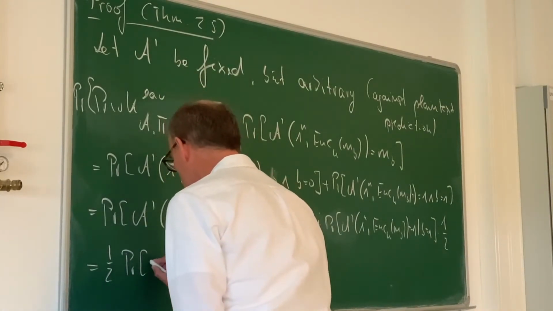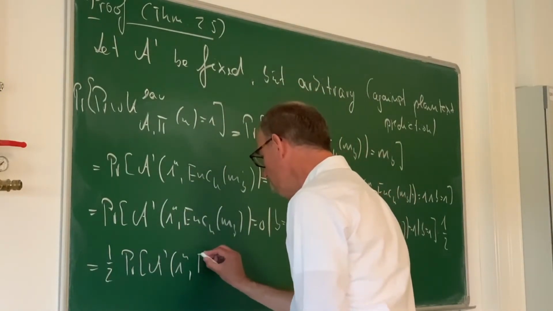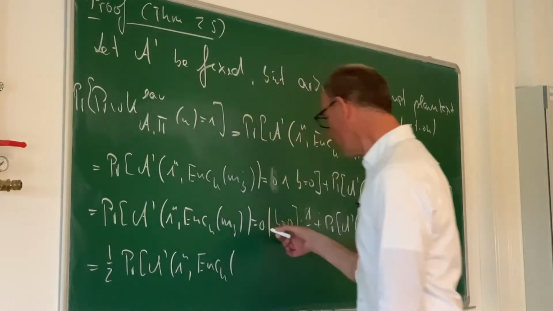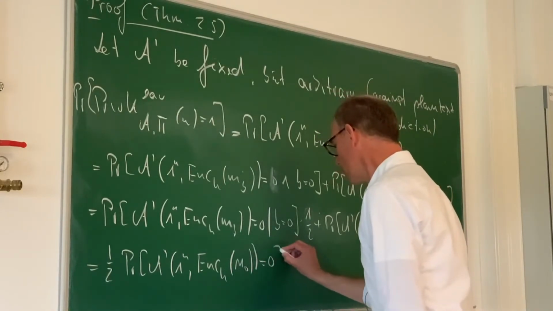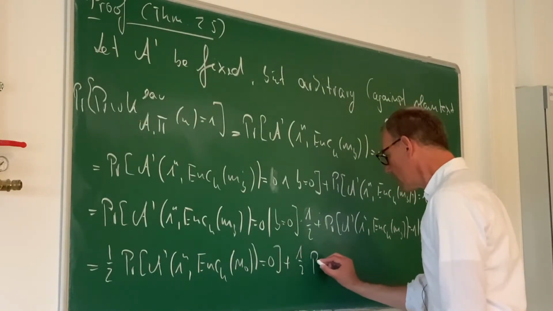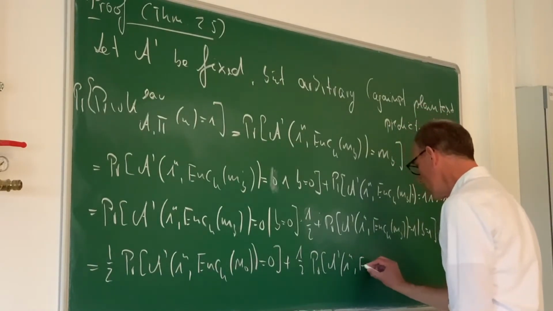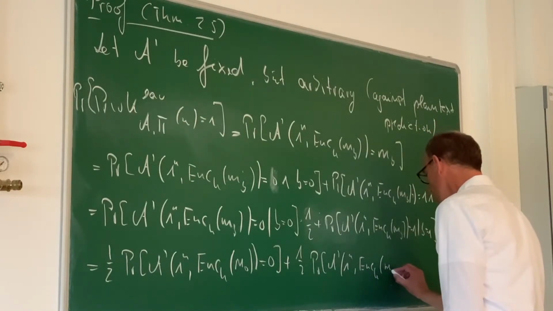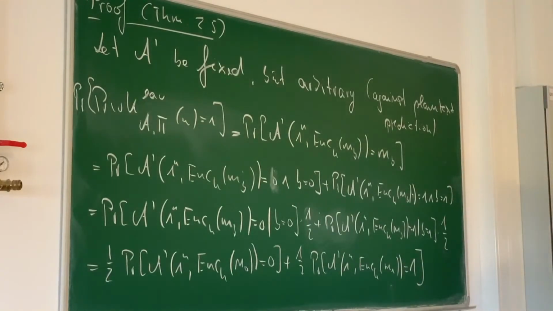This is the probability of A prime on input 1 to the n, comma, encryption of M0, plus, and the same thing here, conditioned on 1, so this is 1/2 times the probability of A prime on 1 to the n and encryption of K of M1 is 1. Just pushing the condition inside what's there.